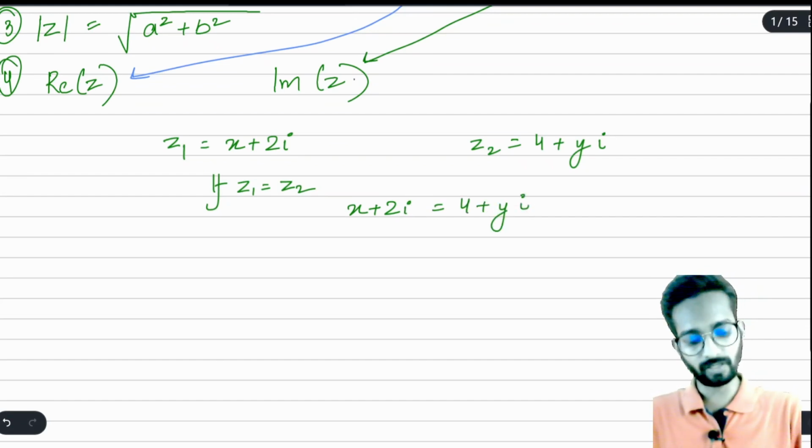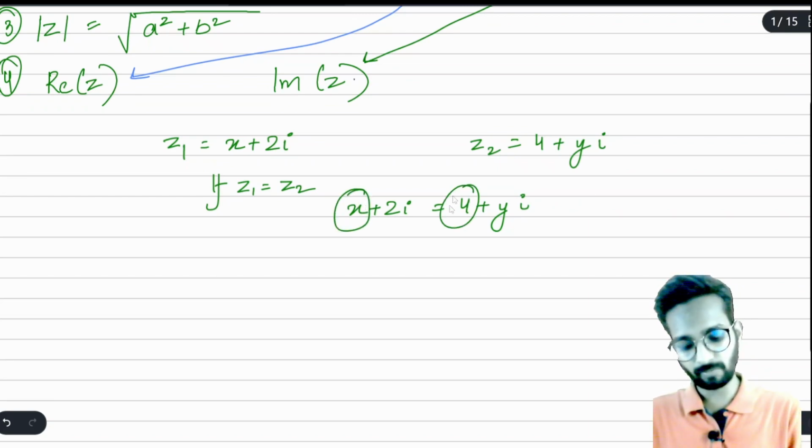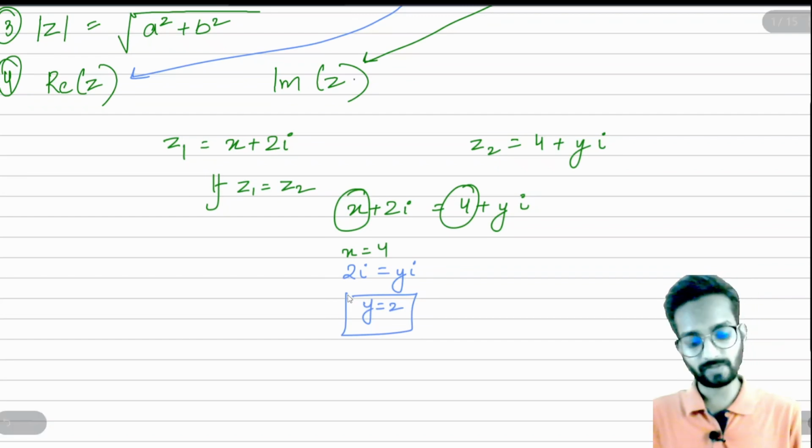Now comes the best part, you can equate both the real numbers, so x is equal to 4, and then equate both the imaginary numbers, 2i is equal to yi, and the value of y will become 2. Understand this part. It is very, very important and will be useful in most of the questions.